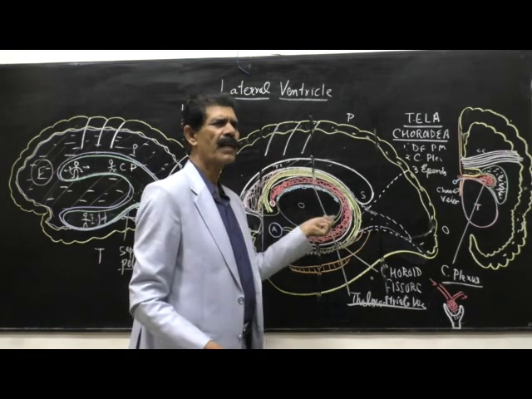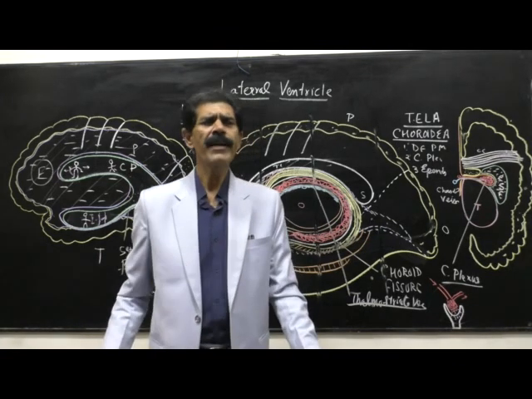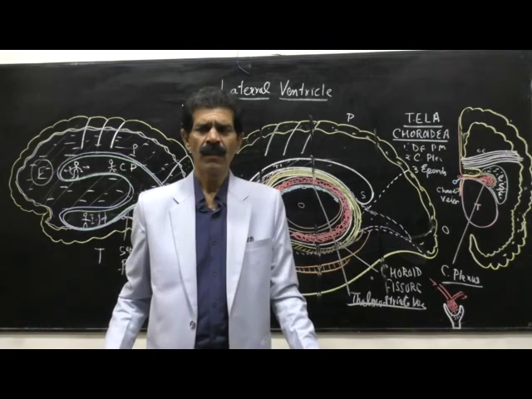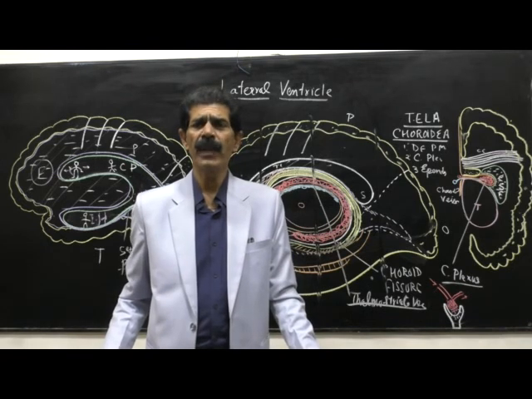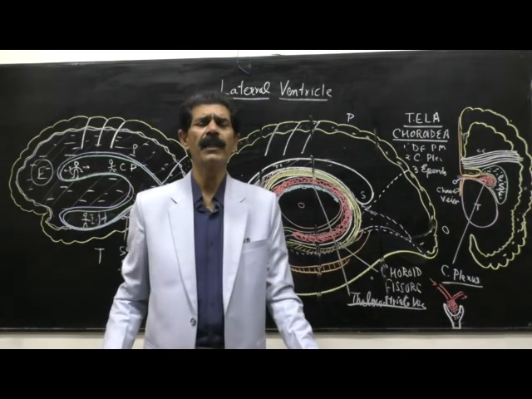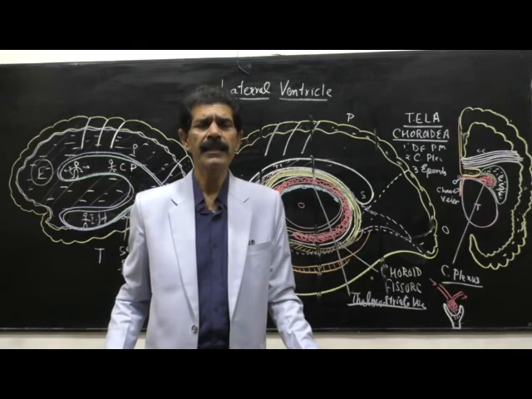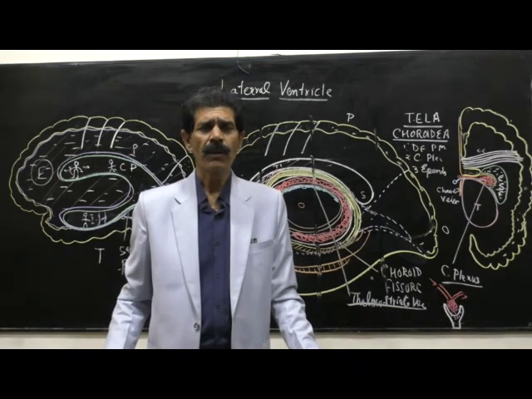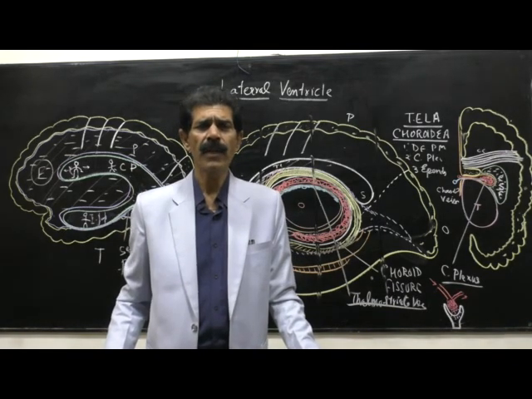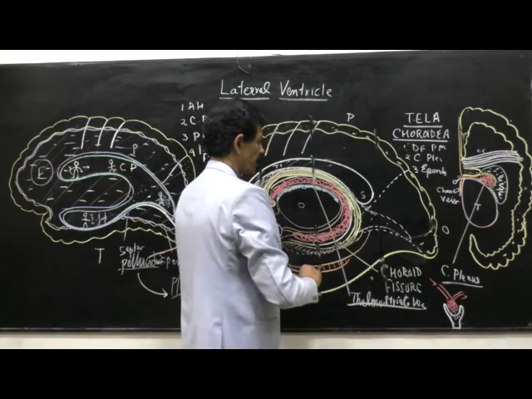And the thalamostriate veins of the right and left side unite with the internal cerebral vein, which brings the venous blood from the deeper part of the cerebrum, and both unite to form the great cerebral vein.